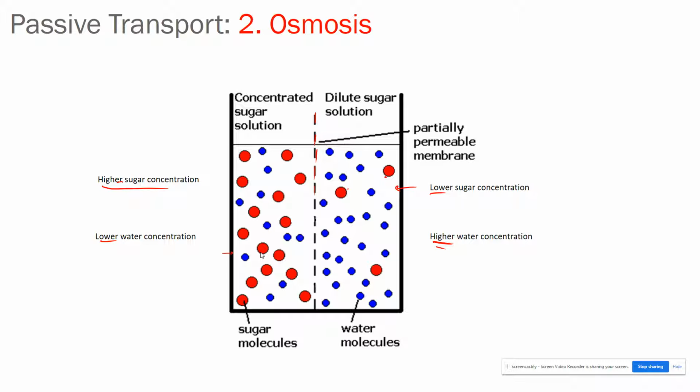So now we're talking about osmosis, which is the movement of water from high to low concentration. We know it's higher on this side and lower on this side, so these water molecules that can go through the membrane are going to go over this way in order to even out as much as it can the concentration of the sugar molecules on both sides.